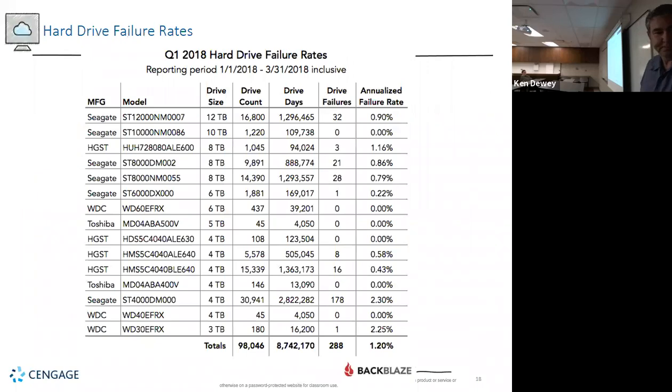I found this. They're talking about these different drive models and the failure rate of drives. So if I was to buy a hard drive today, would I buy this one down here at the bottom, this ST4000DM000? No, it has the highest failure rate. How about this one down here, this WDC whatever?